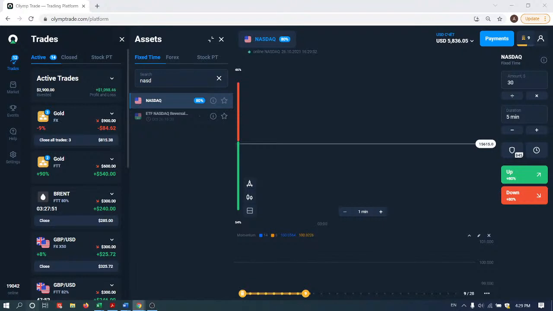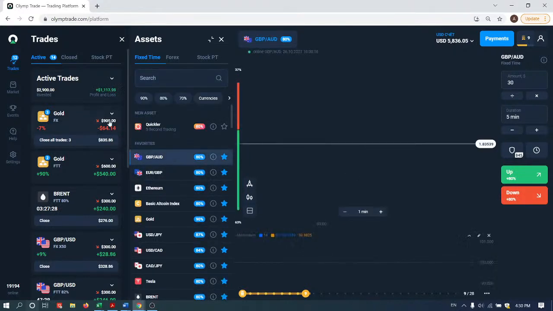Just wanted to check Elon Musk's net worth. Oh wow, it's $229 billion. So Tesla is a little bit overpriced.